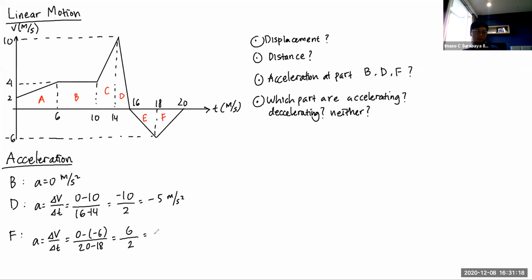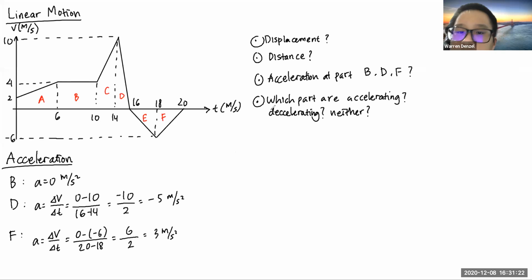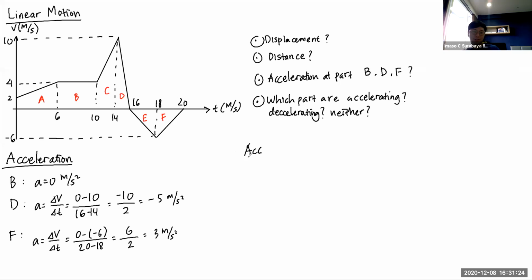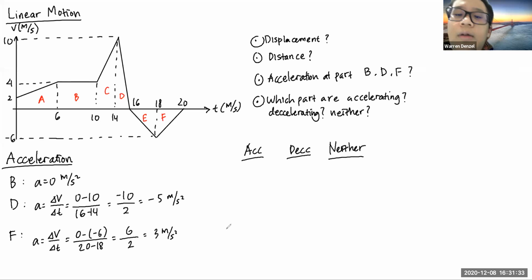So that's 3 meters per second squared. Now which parts are accelerating? Which are decelerating? Which one is neither? Accelerating is F. Decelerating is D. Neither is B, no acceleration.